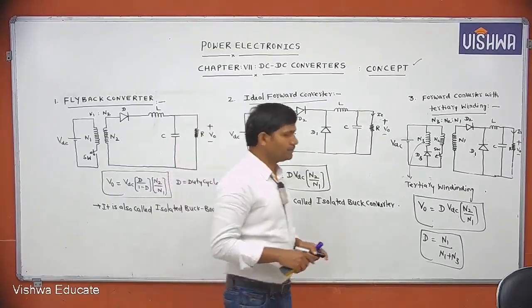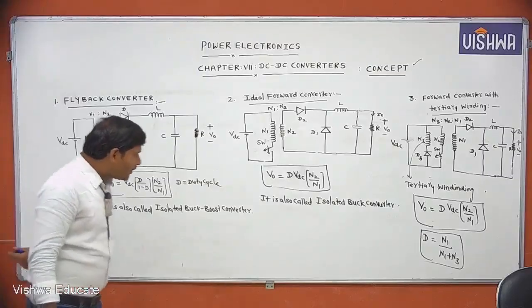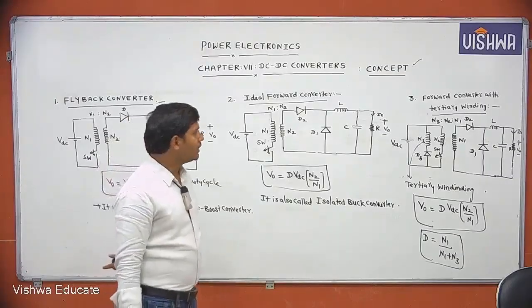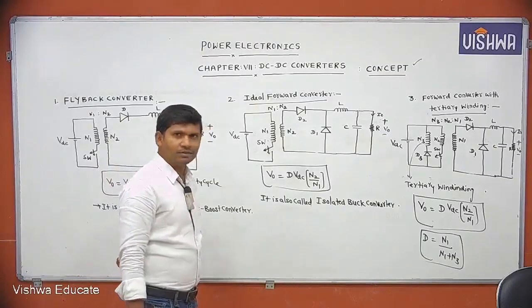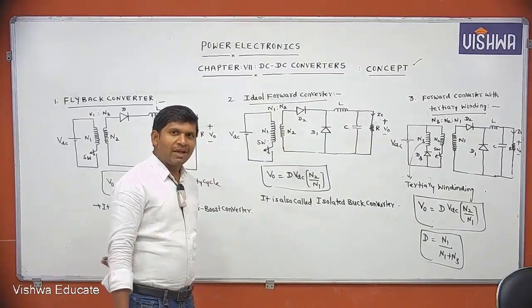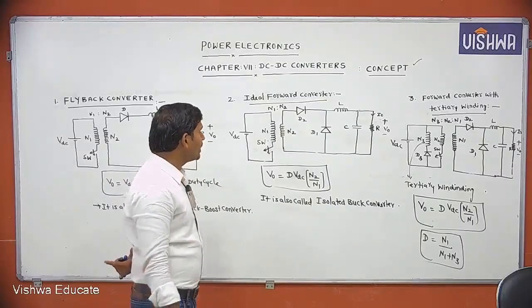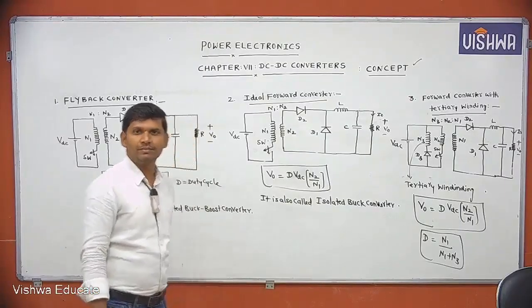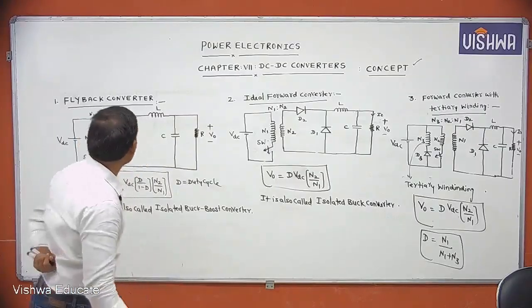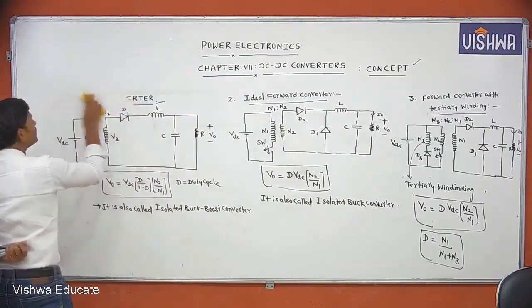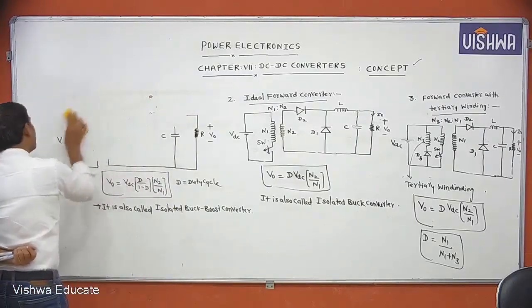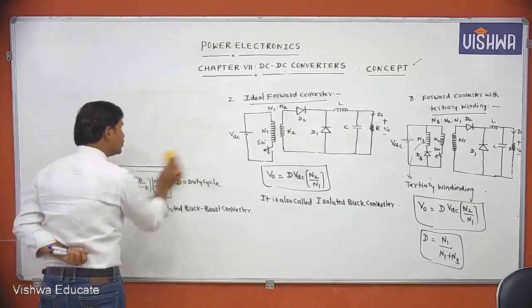Okay, no doubt. One more configuration I want to give, that is bidirectional excitation, which is nothing but a push-pull converter. This is also important for computing. You write what the configuration of the push-pull converter is. You draw the configuration of the push-pull converter.